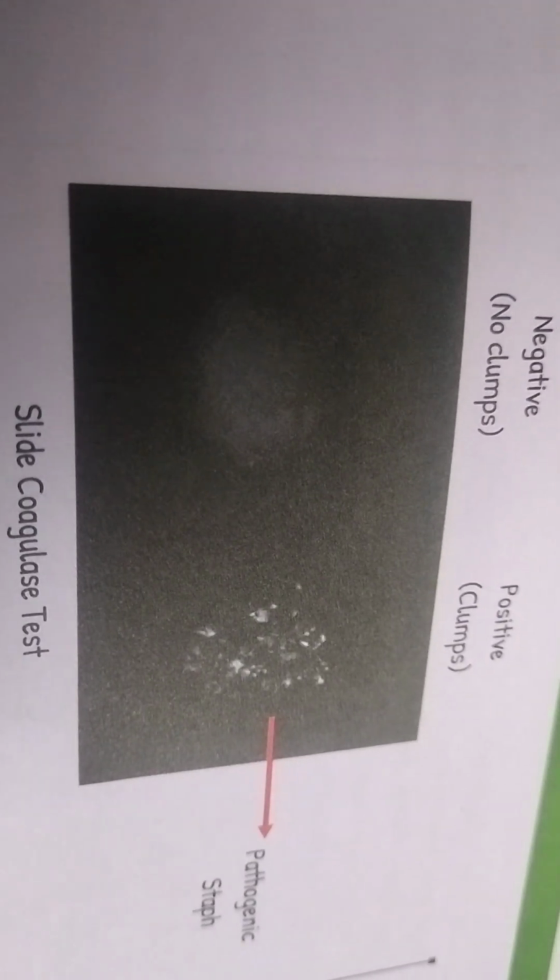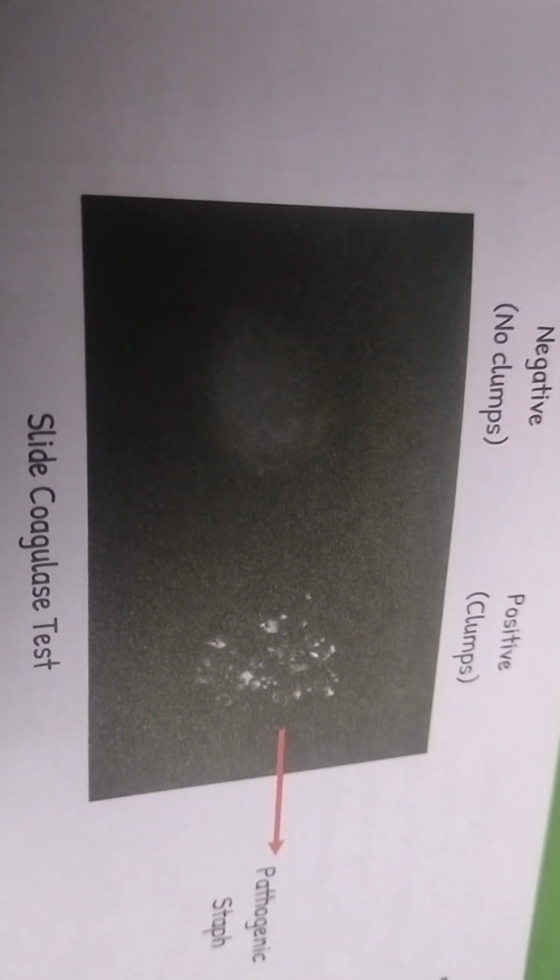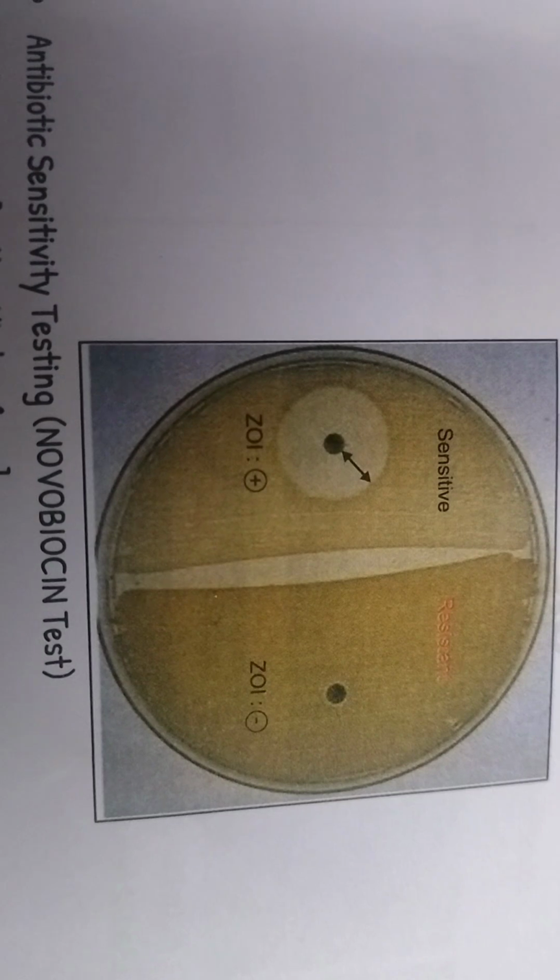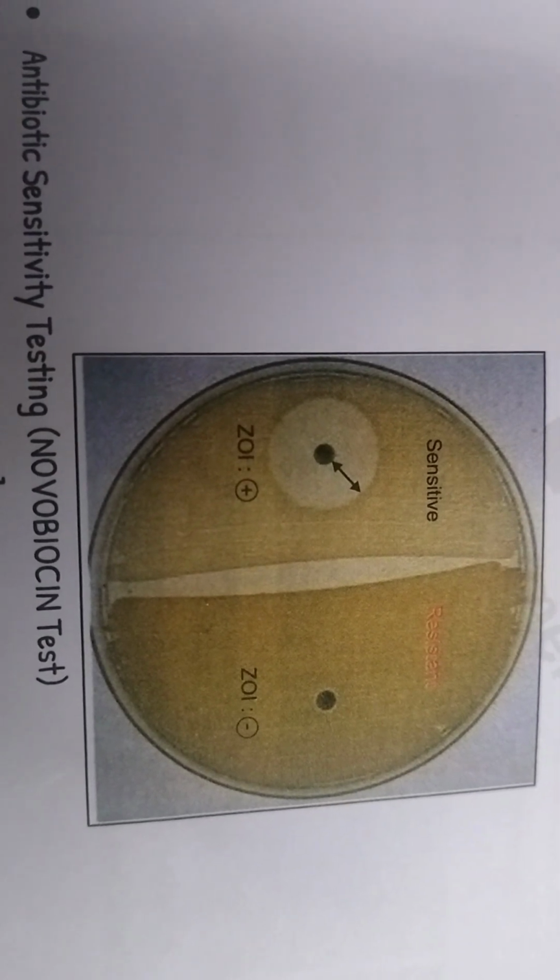The positive slide coagulase test has clumps, that is pathogenic staphylococci, and in the negative one there are no clumps present. This is the antibiotic sensitivity testing, that is the novobiocin test.